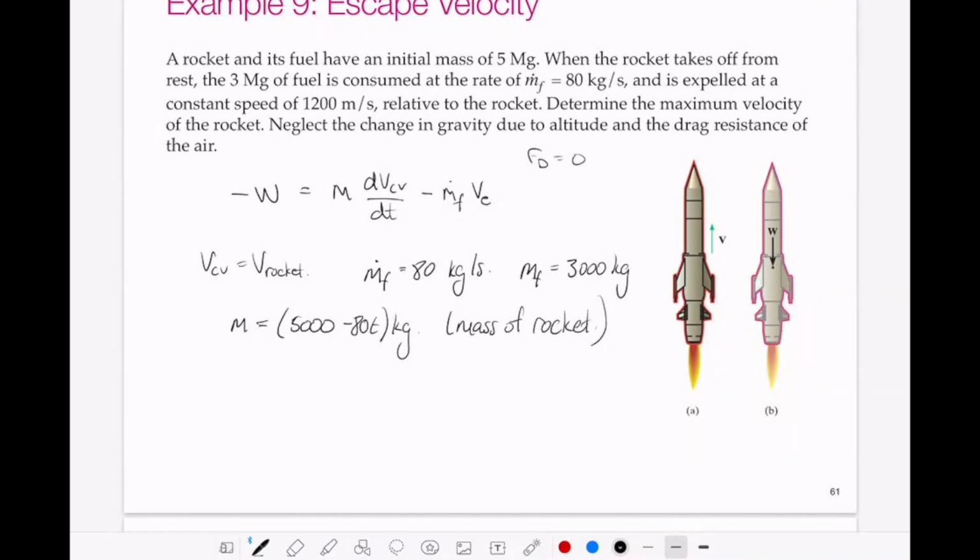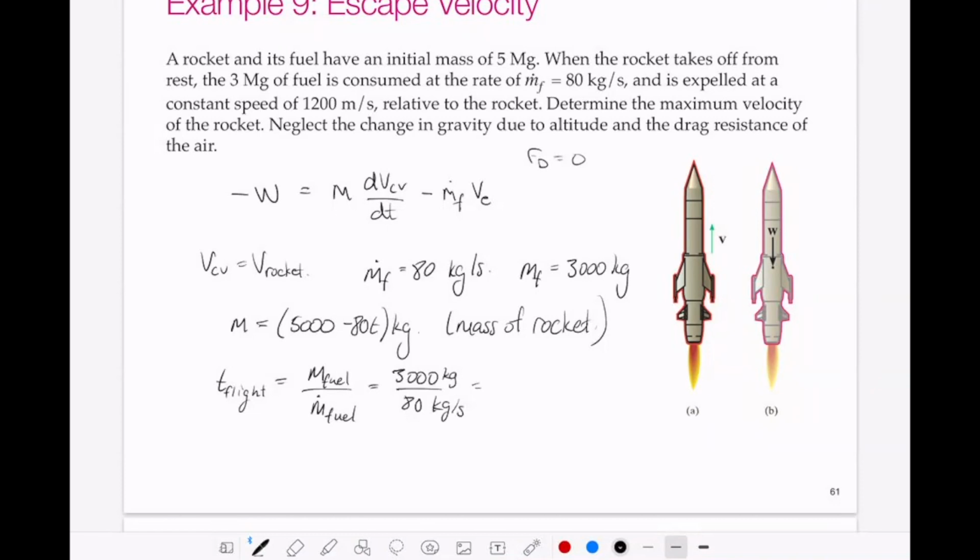So basically, T flight is going to be equal to the mass of the fuel divided by the mass burn rate of fuel. So it's going to be equal to 3,000 kilograms divided by 80 kilograms per second.